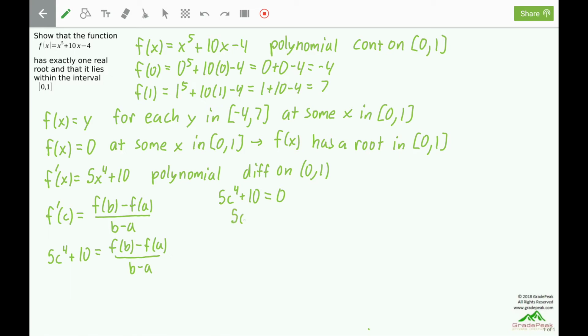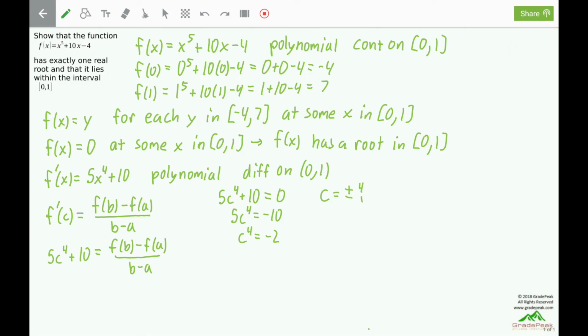Let's subtract 10 from both sides. 5c to the fourth equals negative 10. Divide both sides by 5. c to the fourth equals negative 2. And now take the fourth root of both sides. When taking the fourth root, just like the square root or any even root, we end up with a plus or minus.